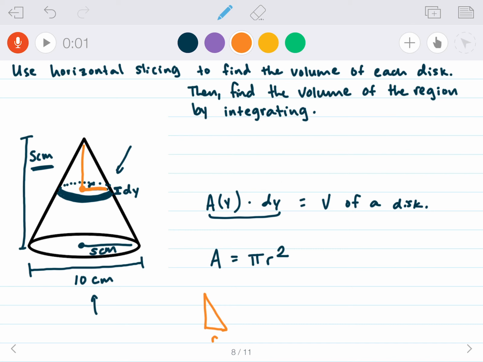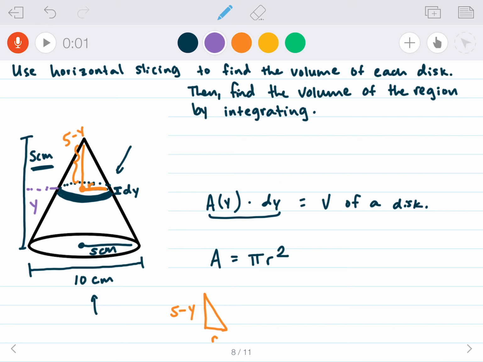And what is the height of this guy? Let's say that from here to here is y. And so just like before, the height is going to be 5 minus y. All right, so we got that triangle taken care of.